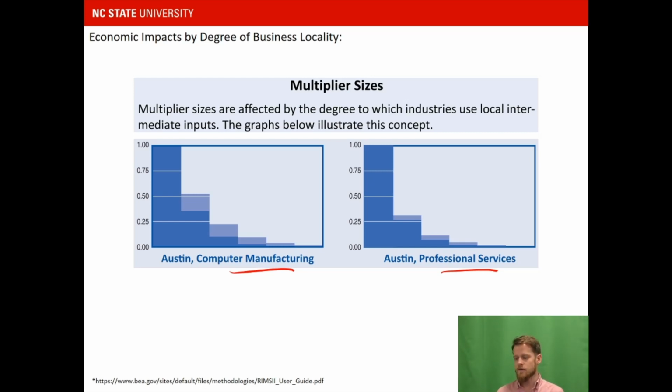So you have a dollar's worth of final demand change in each industry. That dollar spent creates 50 cents in computer manufacturing, but it creates somewhere around 27 cents in the professional services industry. That's people like architects and engineers.